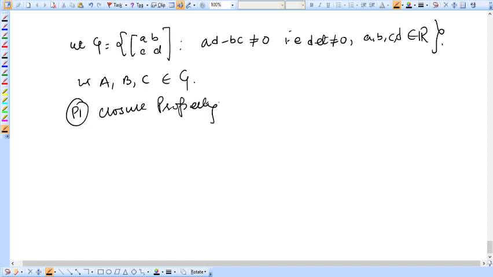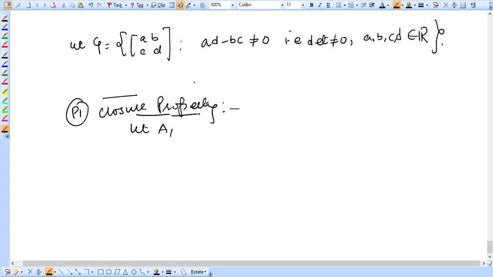Okay, in closure property we know we take 2 elements from G, then we see whether or not their product is in this group, right? So see here, okay, let me write it here.